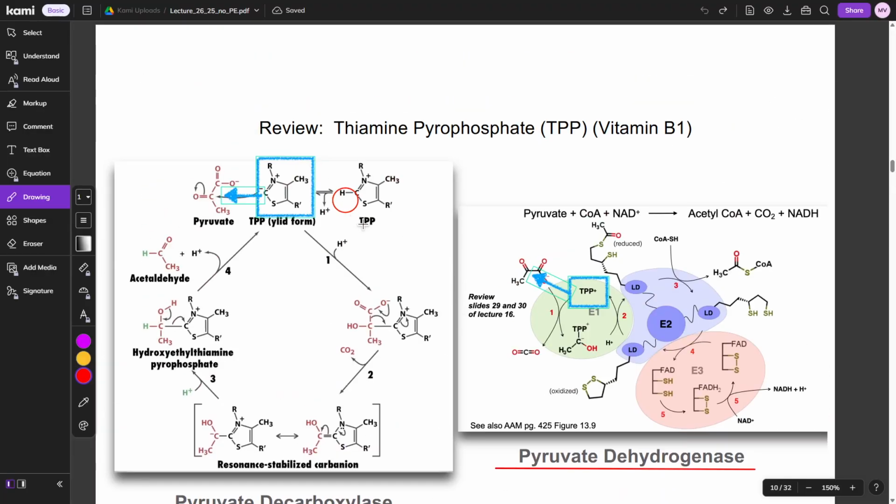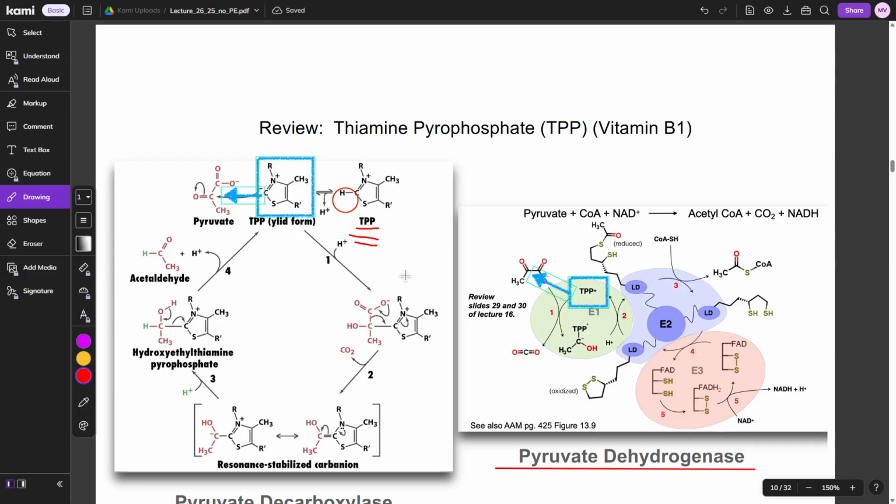And also the other thing to remember is that TPP is the cofactor for transketolases, but not for transaldolases. What is TPP usually a cofactor for? What kind of reaction? Decarboxylations. This is not a decarboxylation, it's a transfer reaction, but it's also responsible for a lot of transferase activity.